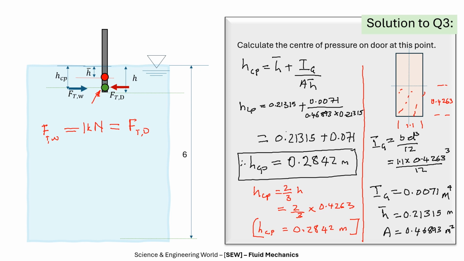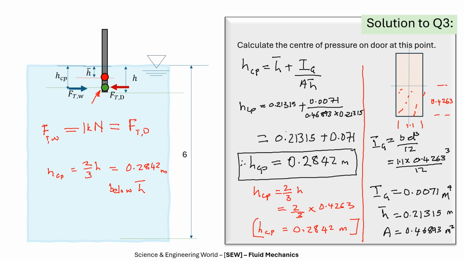We also obtained that the center of pressure, HCP, is 2/3 of H, which is equal to 0.2842 meters, which is below the center of gravity, H bar, as expected.